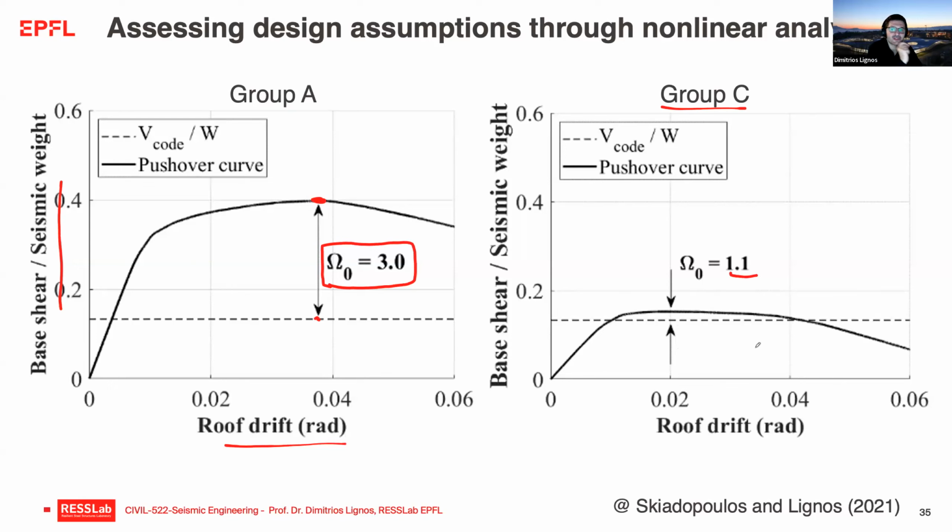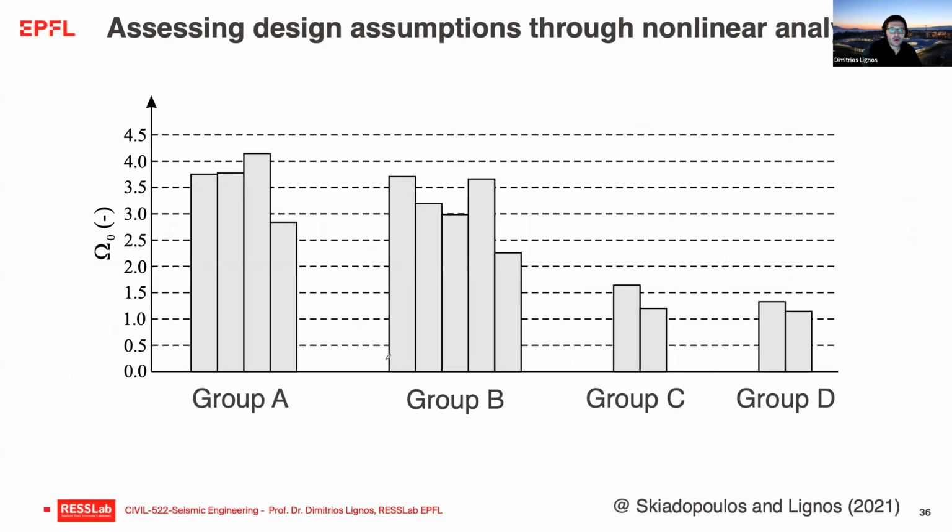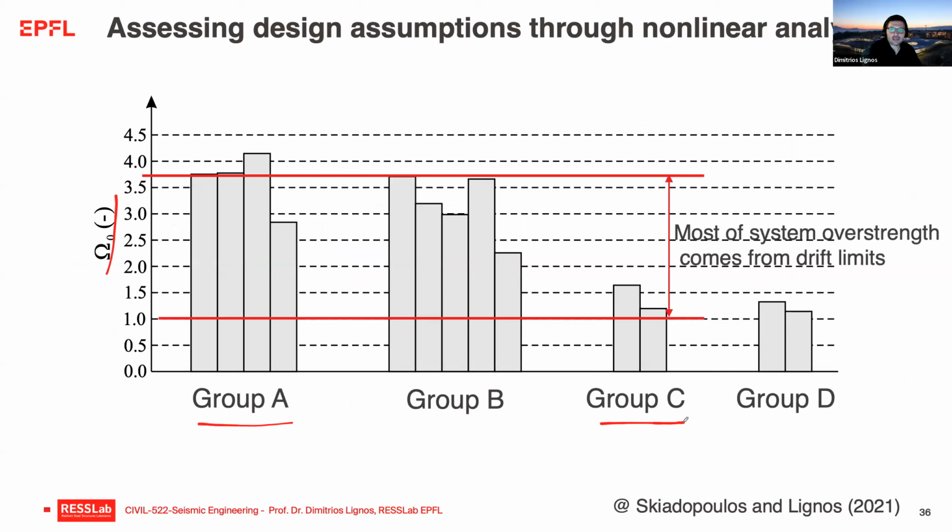How much? 10% higher than the elastic limit that we designed the frame for. So collectively, when I'm measuring overstrength for different designs in Group A versus Group C, you see that most of the system overstrength comes from the drift limits that we have to satisfy.